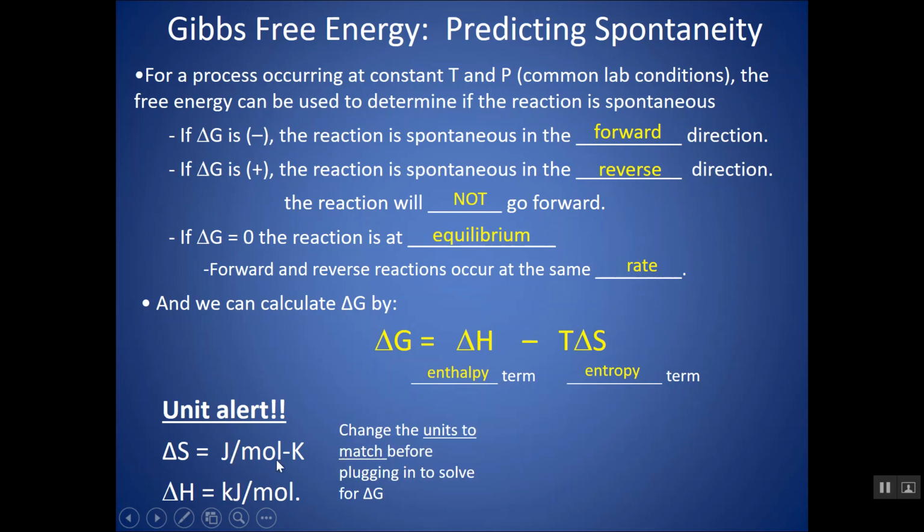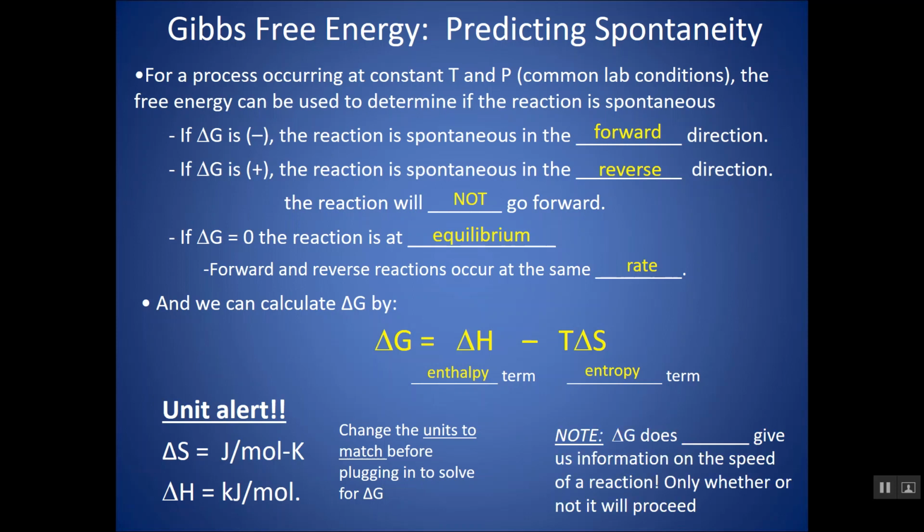So you're going to have to change one of them, delta S or delta H, from joules to kilojoules or kilojoules to joules. Usually I see them asking for delta G in kilojoules, so you'll always see me typically changing delta S from units of joules to kilojoules. Remember, there's 1,000 joules in 1 kilojoule.